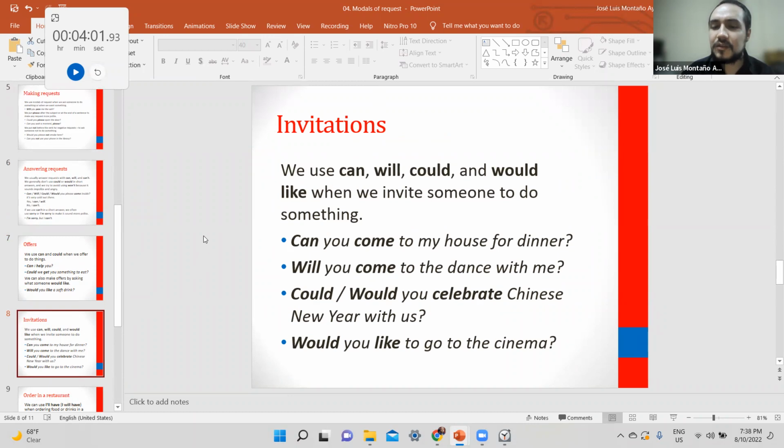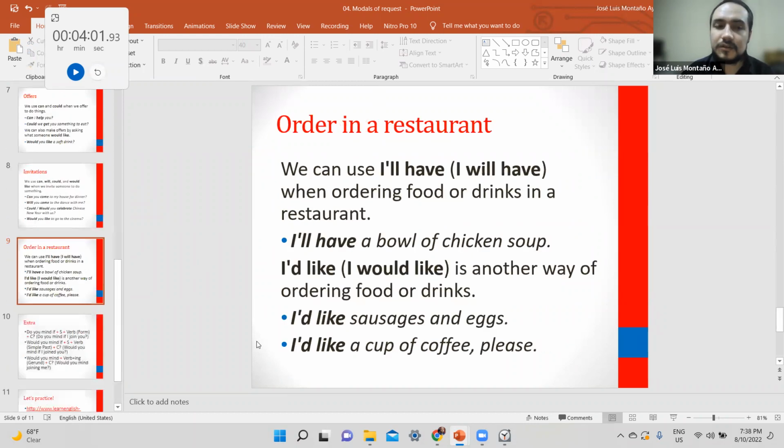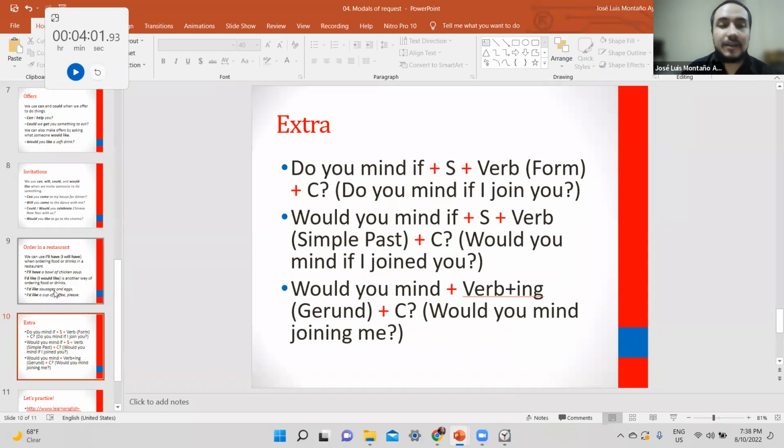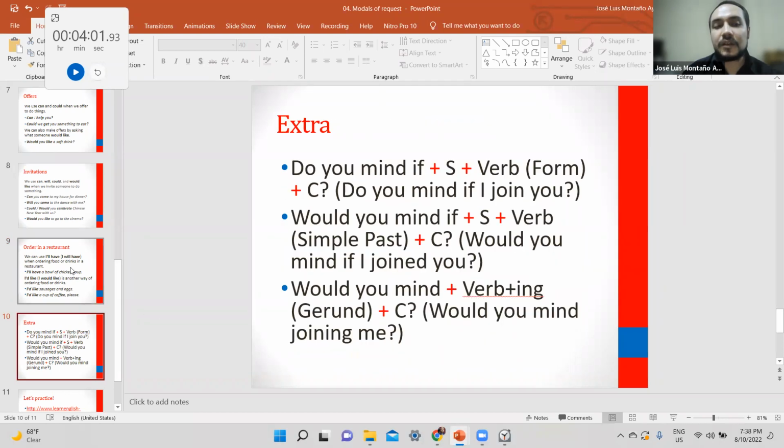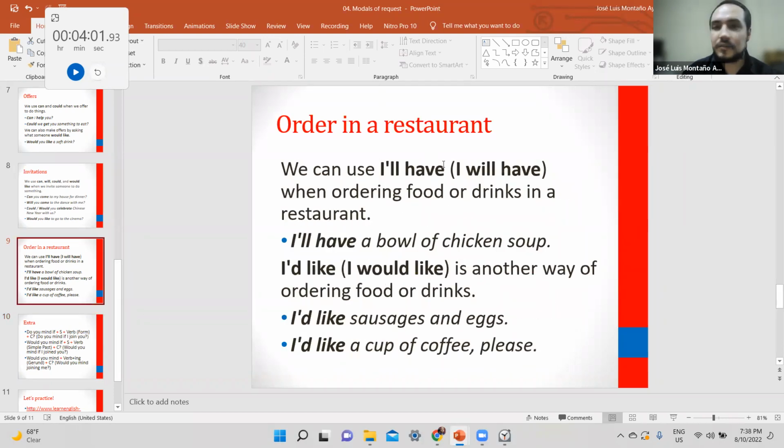In invitations, as I said before, you can use would you like, but not something that you offer, because the offer was something to do for someone. The invitation is something to do together, you and I. It's not going to be a favor. And you have ordering in a restaurant and some extra elements, but up to this part is the most important part. So that's it for now.